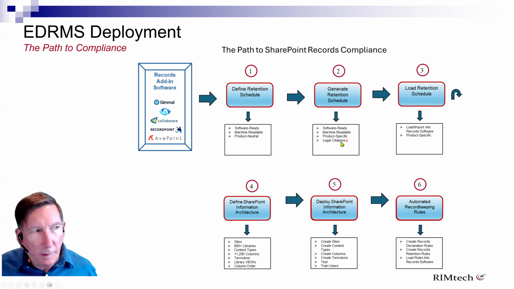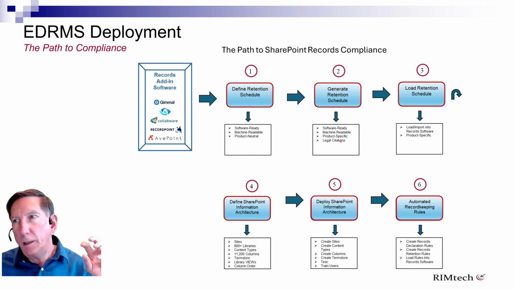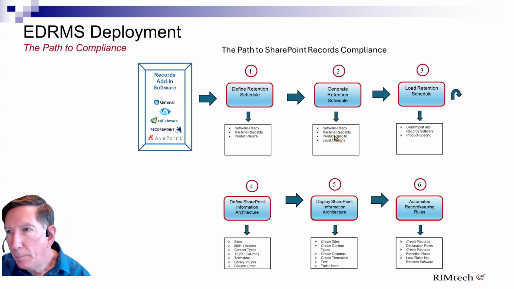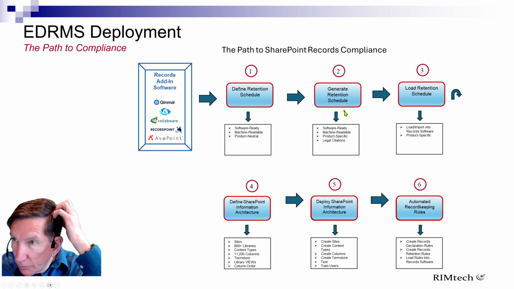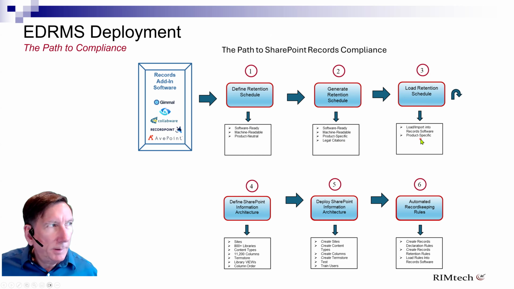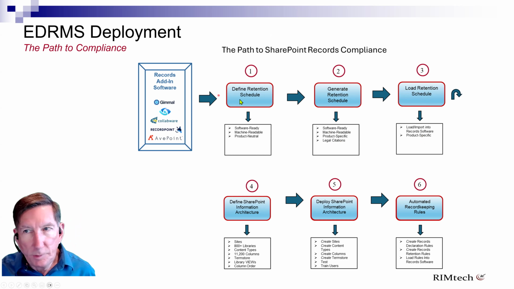Then you have to generate a machine readable version of it and that can be loaded into the record keeping software that you purchased, right? That means it's going to be machine readable and in a specific format. Now you're almost ready to do step 3, which is to load the retention schedule into your record keeping software. That's not a big job. This is a big job.